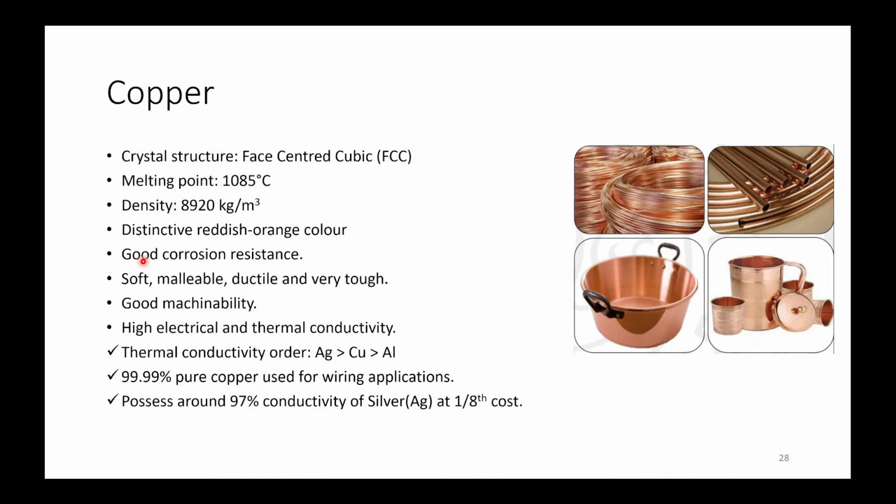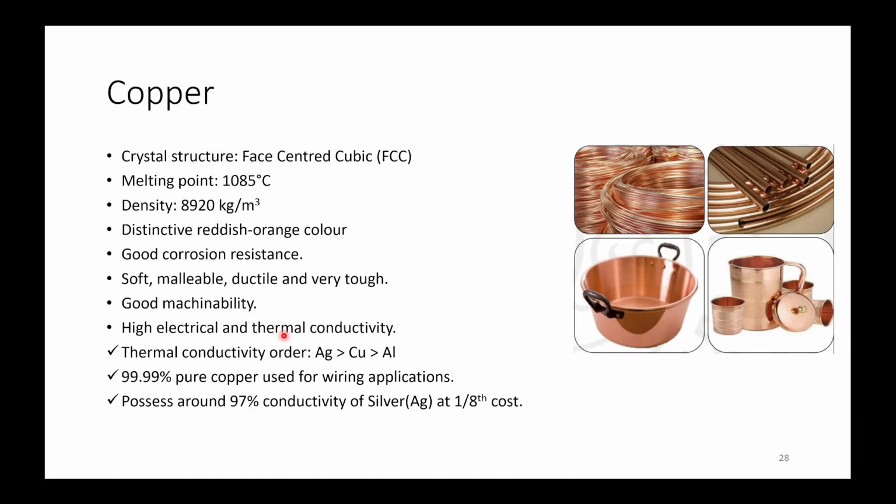These have good corrosion resistance because they are noble in nature. They don't form oxides that readily. They are soft, malleable, ductile and very tough. They have good machinability, and high electrical and thermal conductivity.